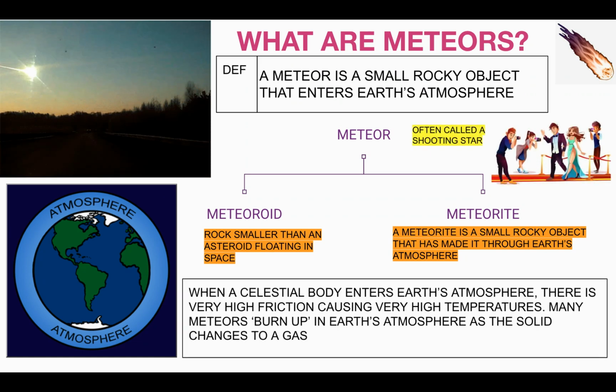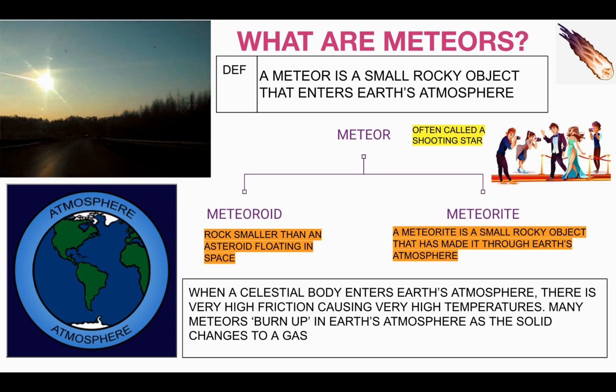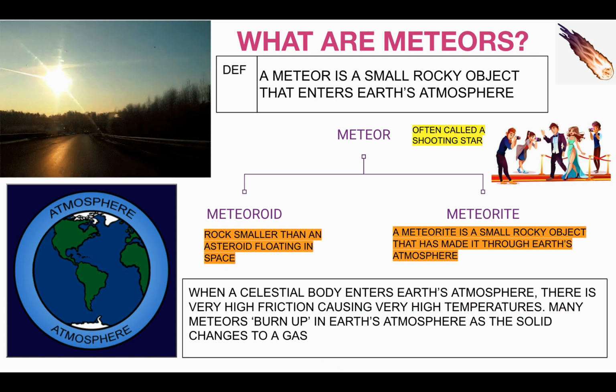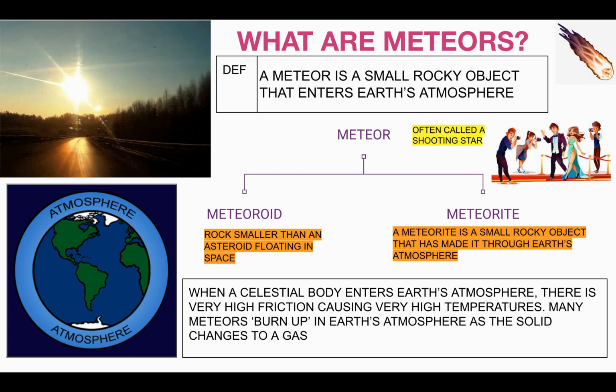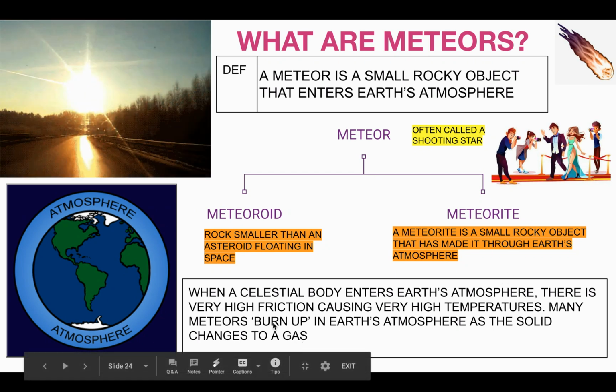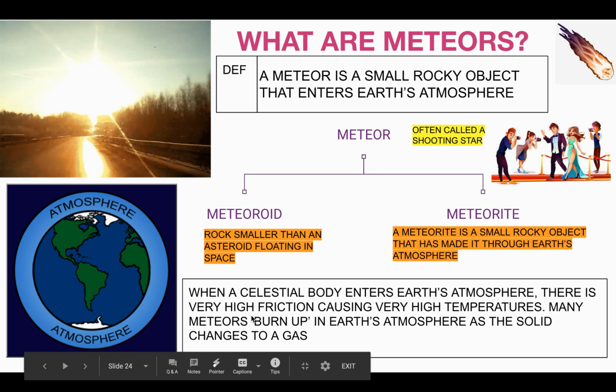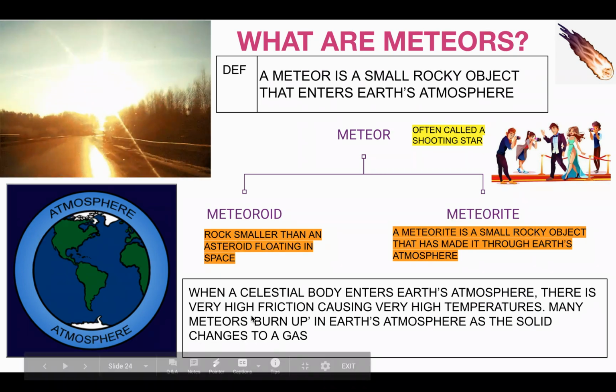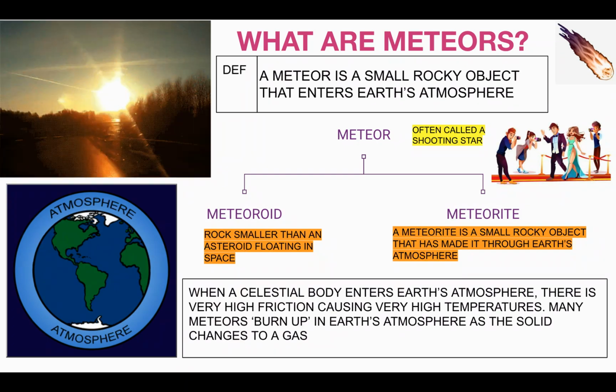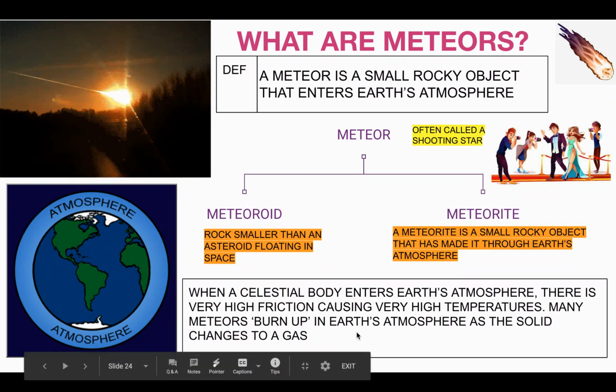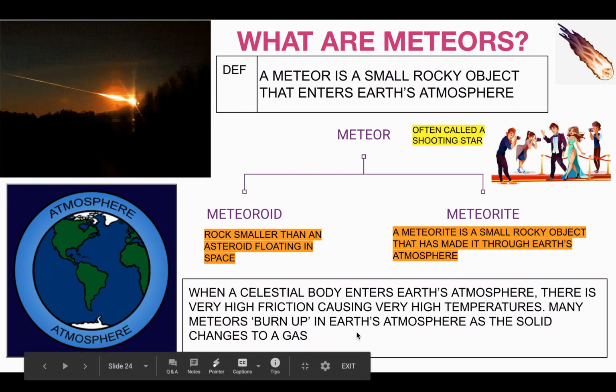Okay, so crucially, when we talk about meteors, they're rocky objects, but they are smaller than asteroids. Okay, so if you want to read that in your own time, there again the explanation is given there for you why we don't have to worry too much about meteorites or meteors too often, because really the Earth's atmosphere being so thick burns them up.